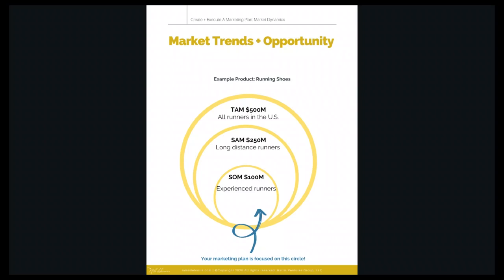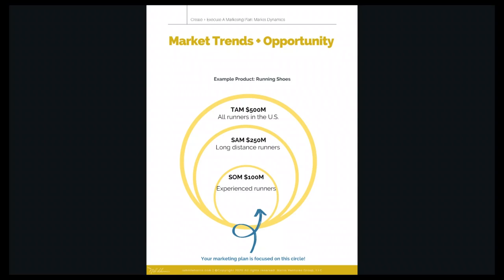But let's say that your TAM represents $500 million of potential business. Let's say your shoe is really only focused on those people who want to run long distances. So maybe they want to run half marathons, maybe they're cross country runners. That market represents 250 million people in the US.